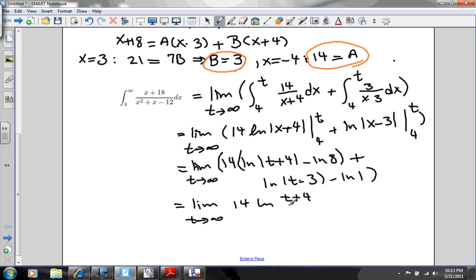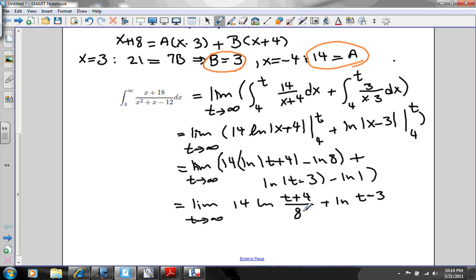Since t is going to positive infinity, we're just going to get a positive number, so I can get rid of the absolute value sign. Plus 3 ln of (t - 3), and ln of 1 is 0, so we can forget about that.